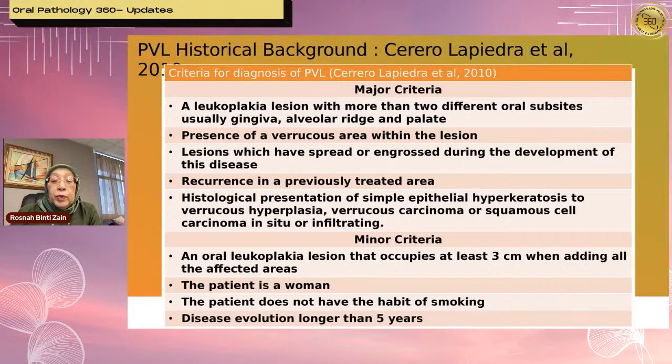It is an oral leukoplakia lesion that occupies at least 3 centimeters when adding all the affected areas. The patient is a woman. The patient does not have the habit of smoking. Again, this is a minor criterion at that time, but I think more of the published cases now do show smoking. And here they name the period as disease evolution longer than 5 years. Next.